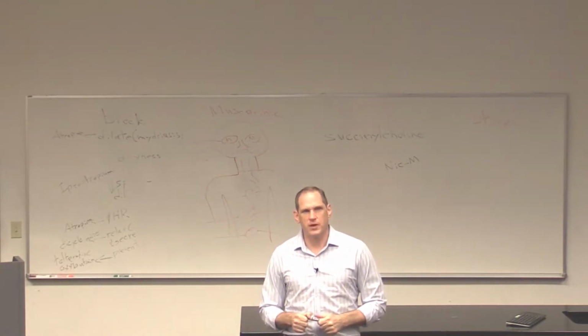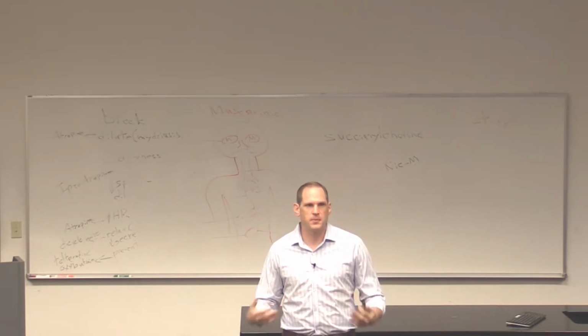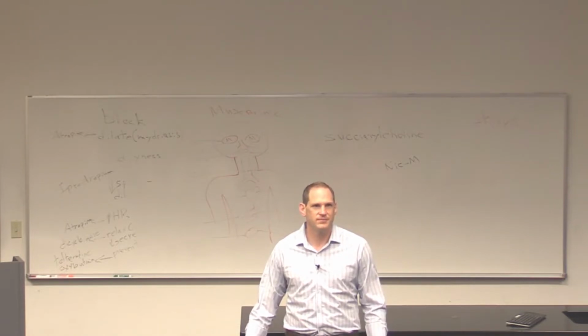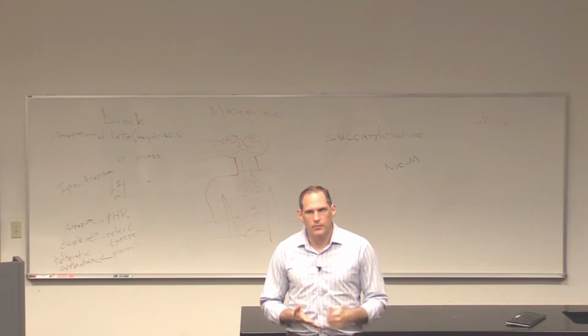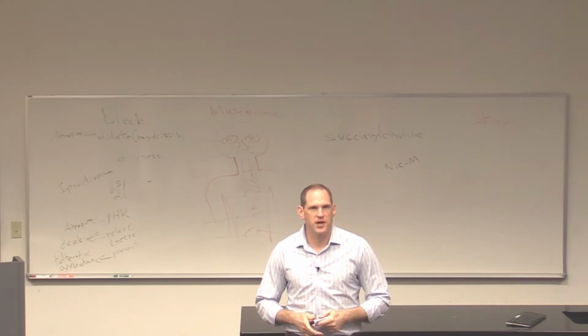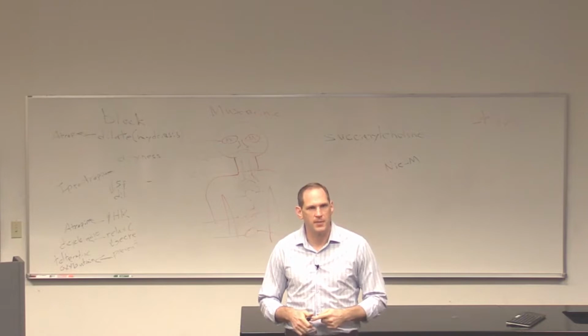They are not used for tremors because it would make the patient paralyzed. So, yeah, for the most part, yes. We'll talk about tremors next year when we talk about Parkinson's syndrome.